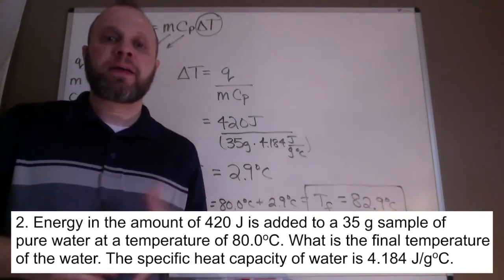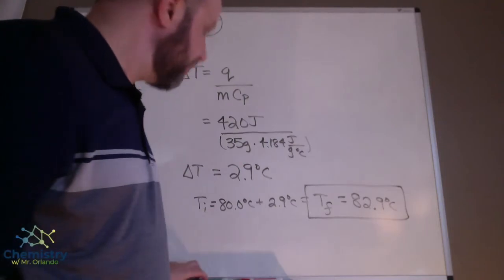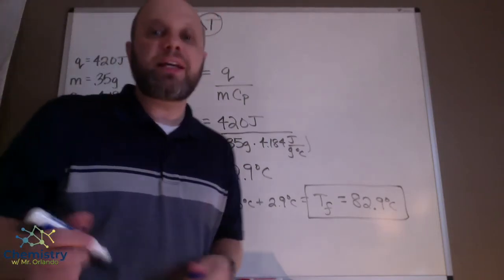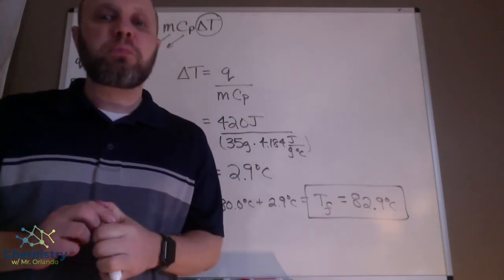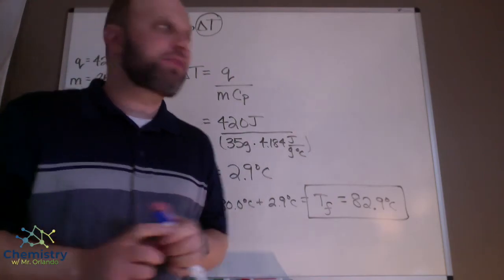T value. So we're going to finish up this by just letting you know what your homework assignment is. So you have 3 problems for homework. The homework assignment is called Molar Heat Capacity and Specific Heat.